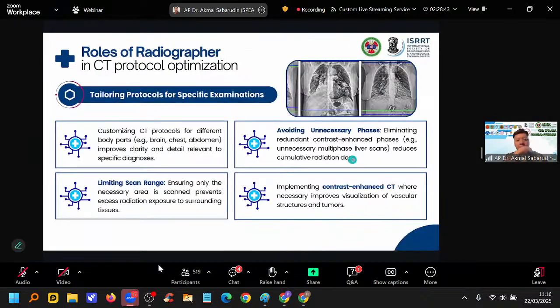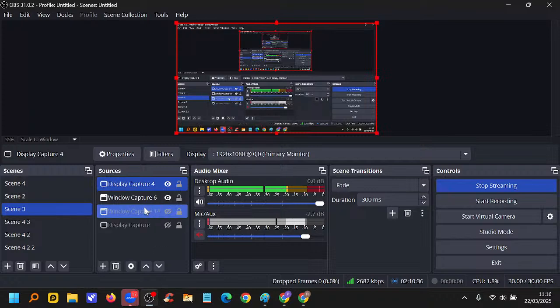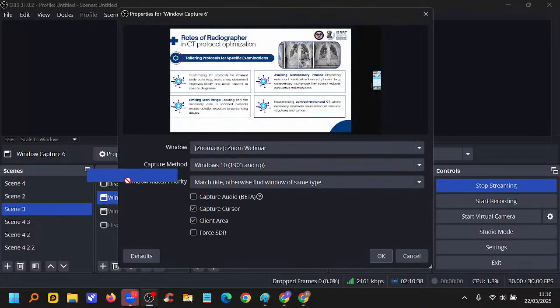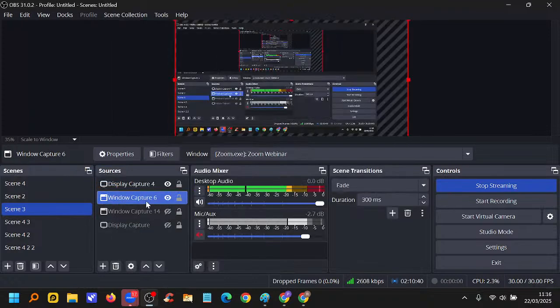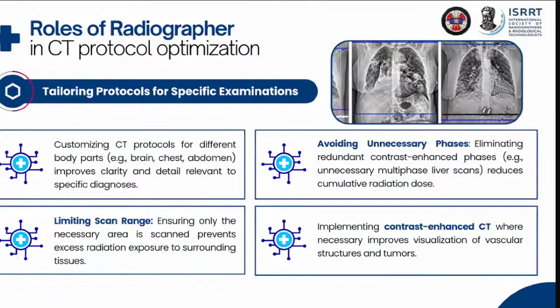Okay. And then other than that, the role of the radiographer in CT protocol optimization is tailoring protocols for specific examinations. As I mentioned just now, one protocol is not fixed to one condition, because you need to tailor it to the patient's condition, the clinical background, and what the patient has. So we can tailor-make the protocol.